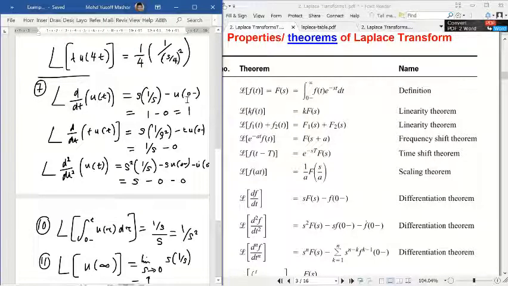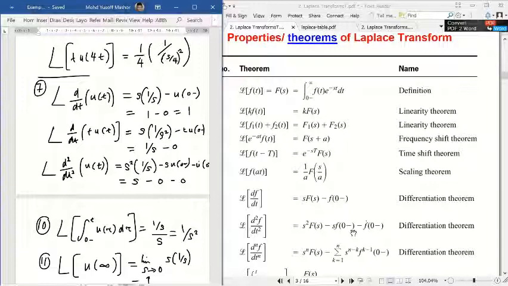Okay, I forgot to explain this. 0 minus. Okay, in this case also indicate 0 minus there. 0 minus means the value immediately before 0. Okay, 0 plus is the value very close to 0, but on the plus side.